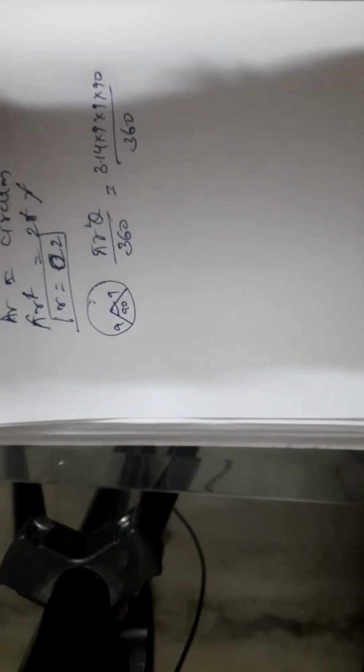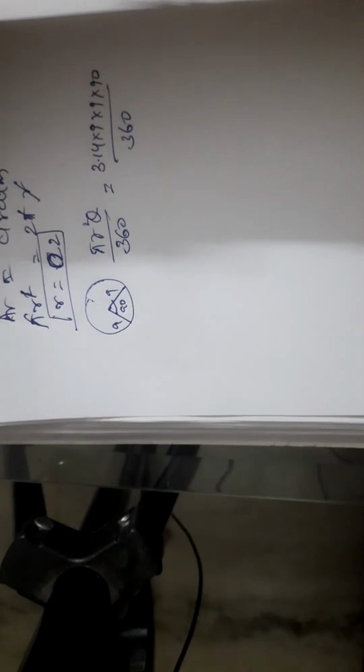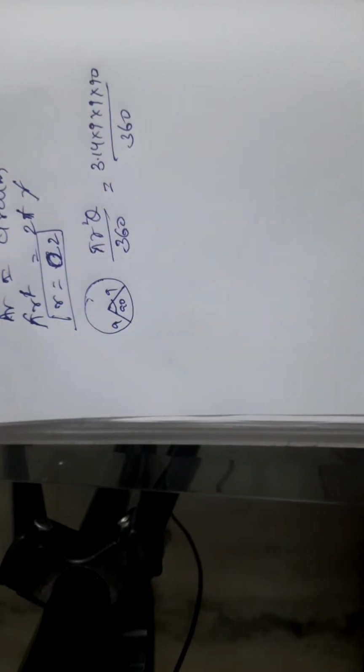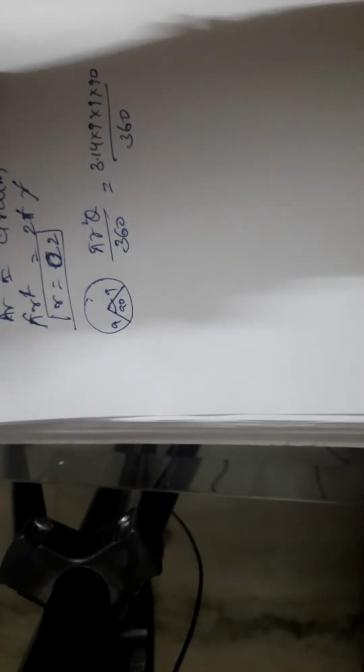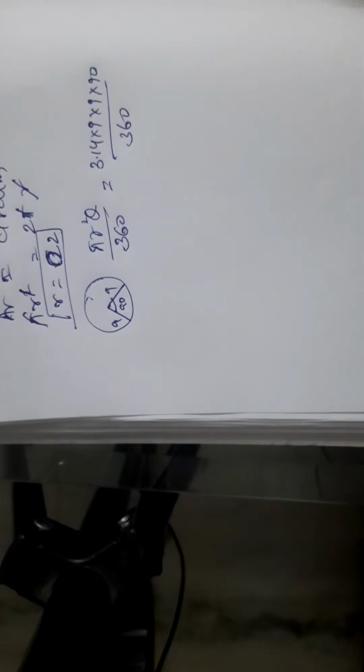Now in this chapter, one more very important question is there. Number of revolution. Okay, here a bicycle wheel makes 6,250 revolutions in traveling 11 kilometer.